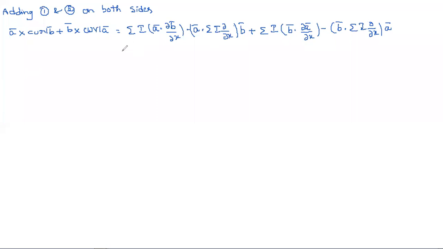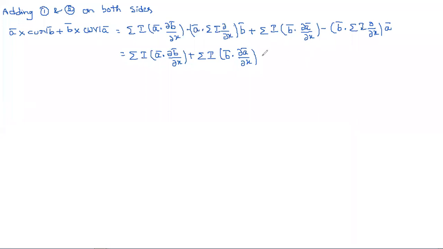So this is equal to, here there is no need to change anything in this. Now coming to this one, first one: summation i a bar dot dou b bar by dou x, plus the third term I am writing here, summation i into b bar dot dou a bar by dou x.